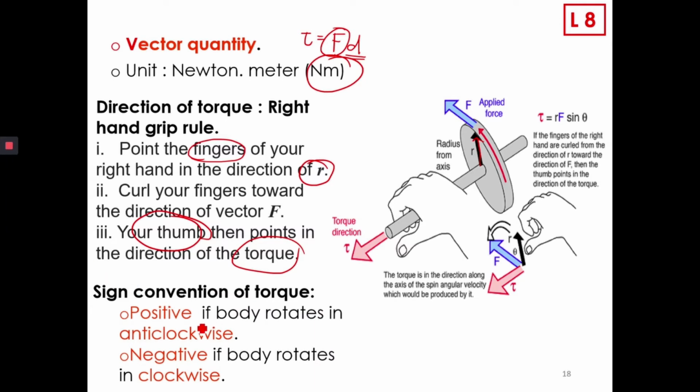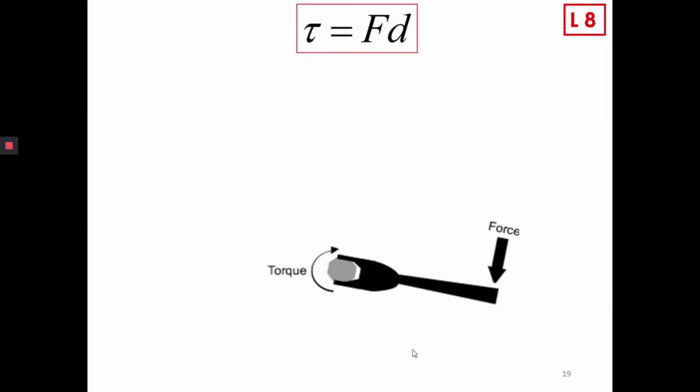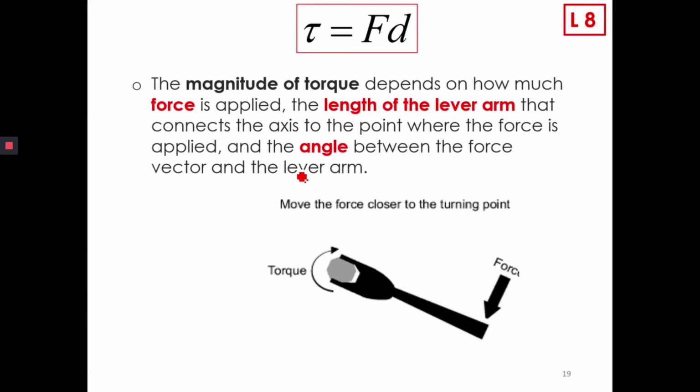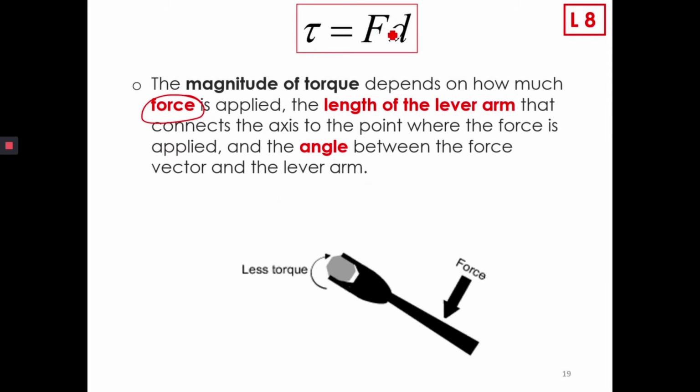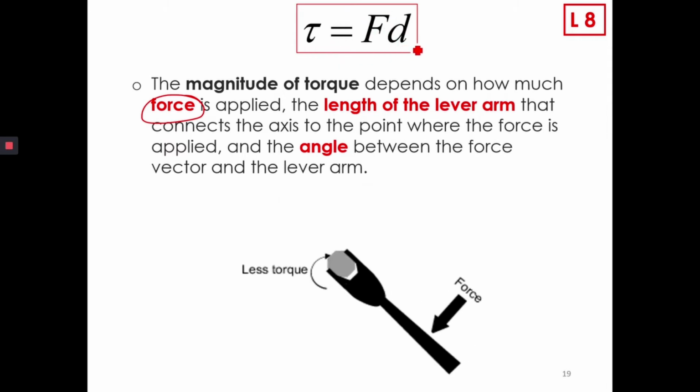Okay, sign convention of torque. When the rotation is anti-clockwise, you will have a positive torque. If the rotation is clockwise, you will have a negative torque. The magnitude of torque depends on how much force is applied. So the variables that influence torque are force and d.